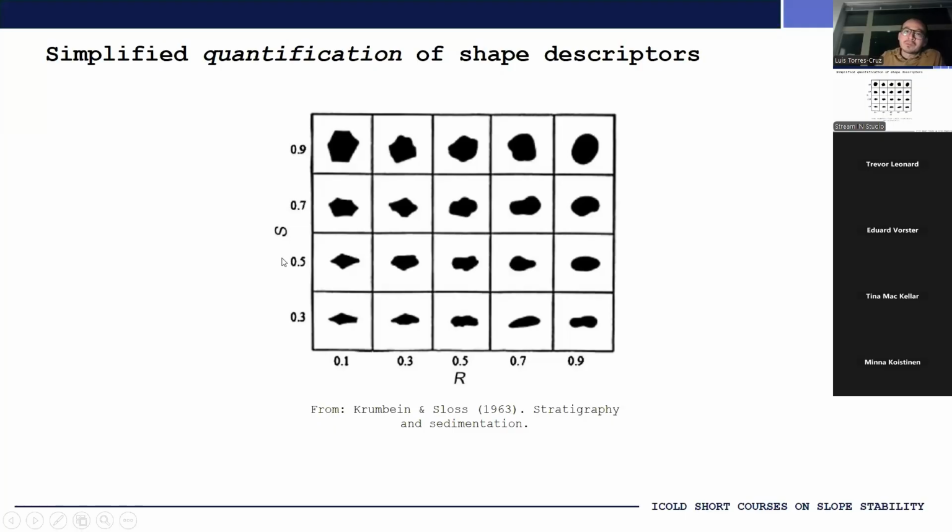Okay, so please don't think that quantifying particle shape has to be this very intricate and complicated process. Well, it can be if you want to get into details, but you can also use visual descriptors such as these to get a number assigned to your particle descriptors.